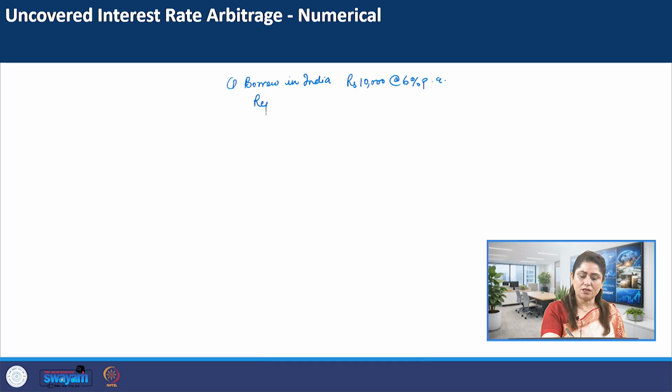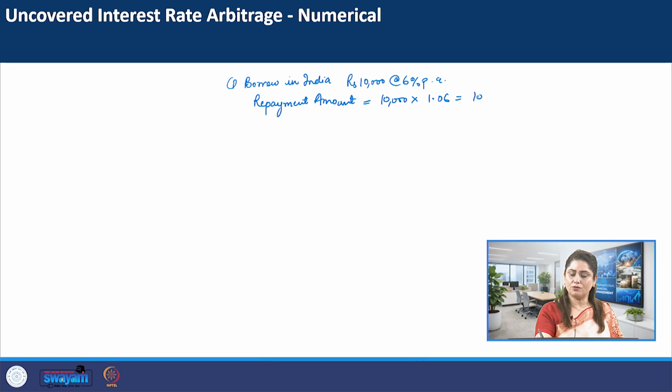Now, when we borrow, what is going to be our repayment? The repayment amount is going to be 10,000 into 1.06, which is 10,600. That means here 600 is the interest.